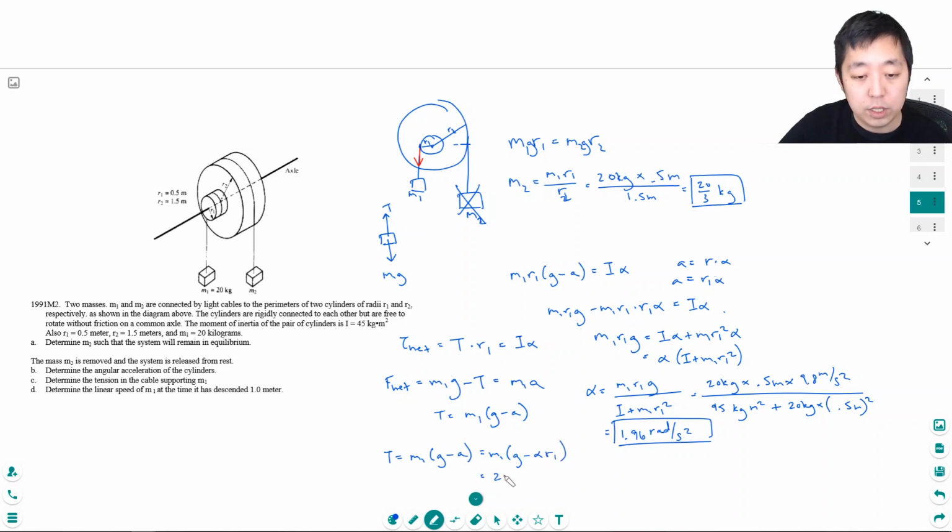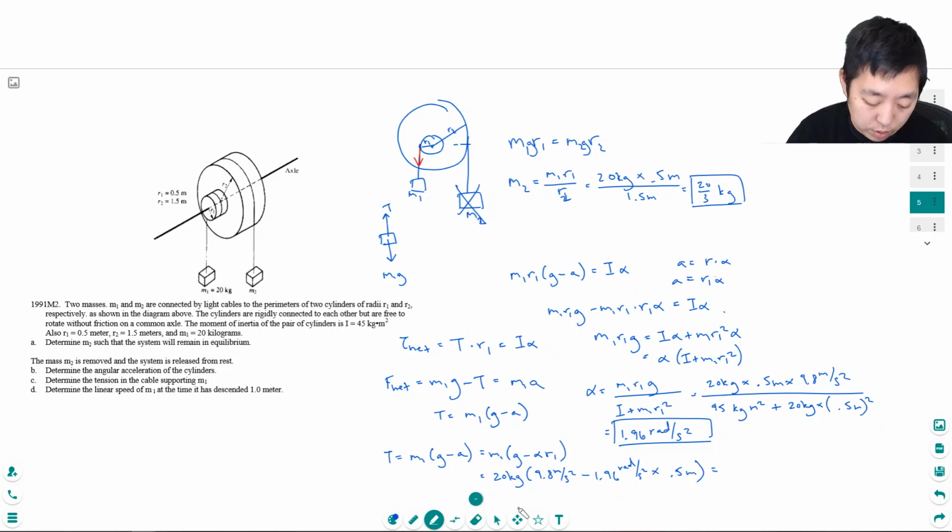So that's 20 kilograms times 9.8 meters per second squared minus 1.96 radians per second squared times 0.5 meters, because A is equal to alpha R1. So 1.96 times 0.5, 9.8 minus that is 8.82, times 20. I get 176.4 newtons.